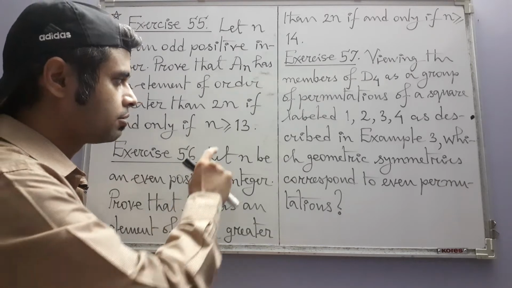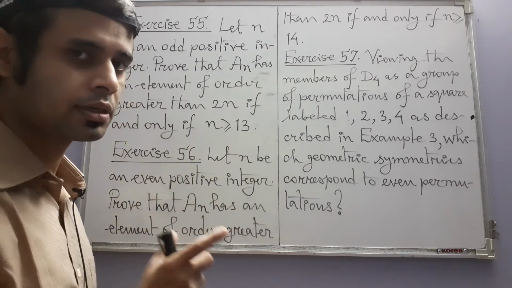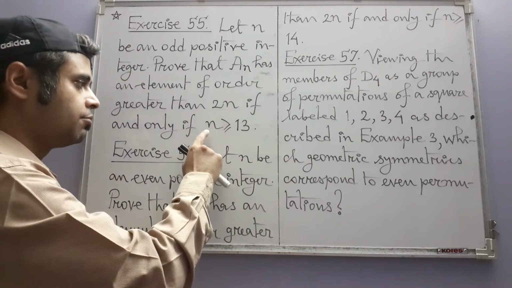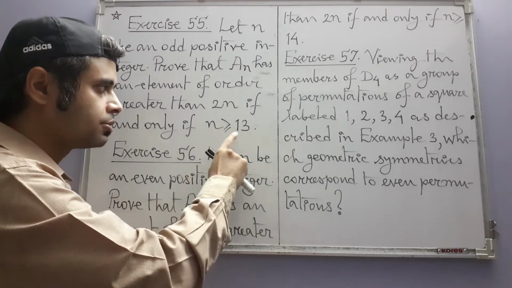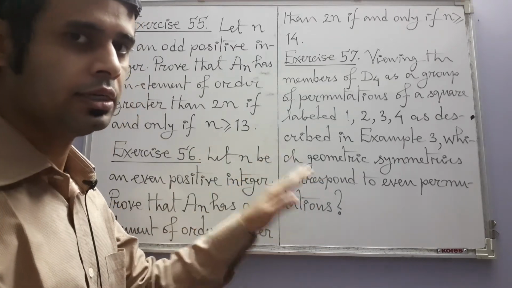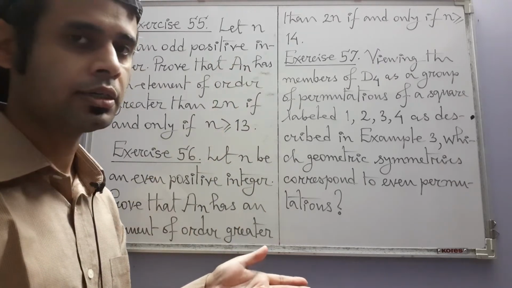So based on the solution that we have seen of exercise 54, we know how to proceed. We first consider the odd values of n less than 13, and for each such value, we consider the corresponding alternating group.